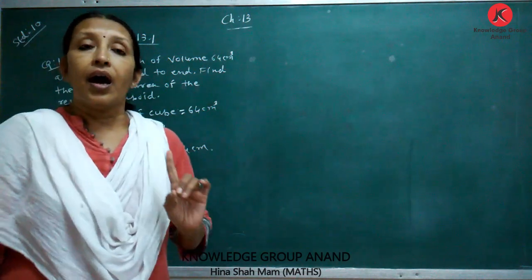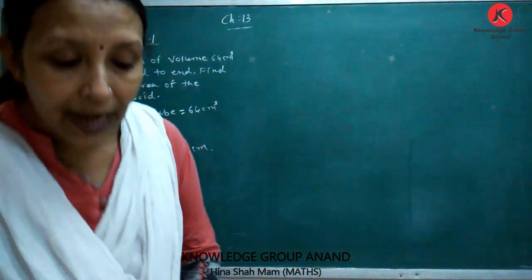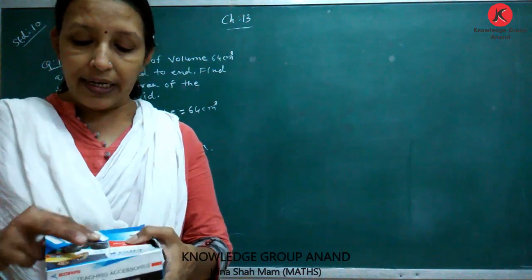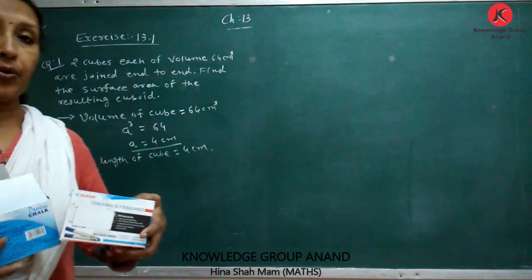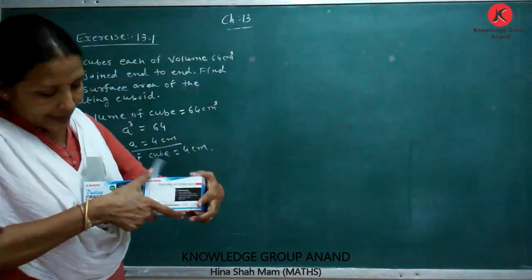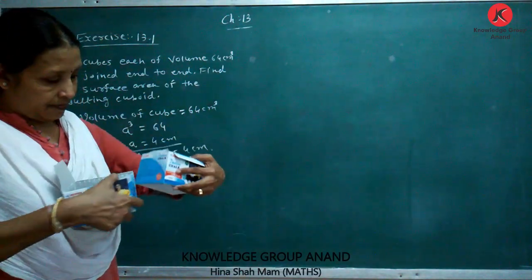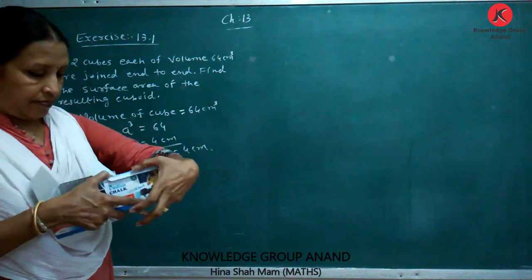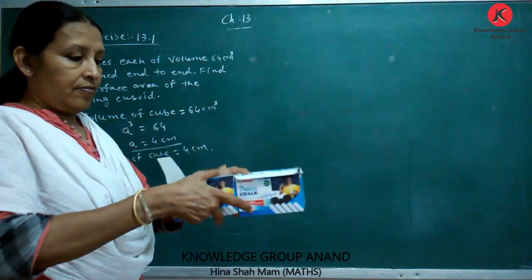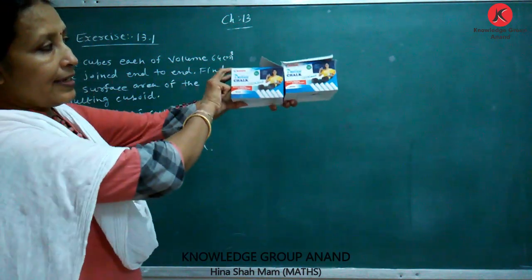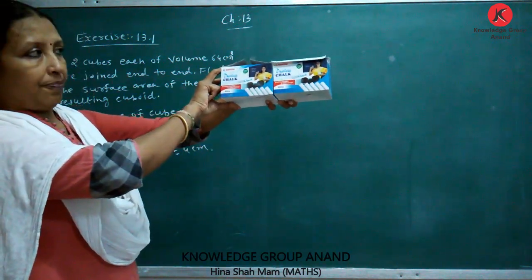Now, our question is two cubes are joined side to side. Suppose here are two cubes like this. One cube, two cube, joined side to side, then it makes a cuboidal shape.